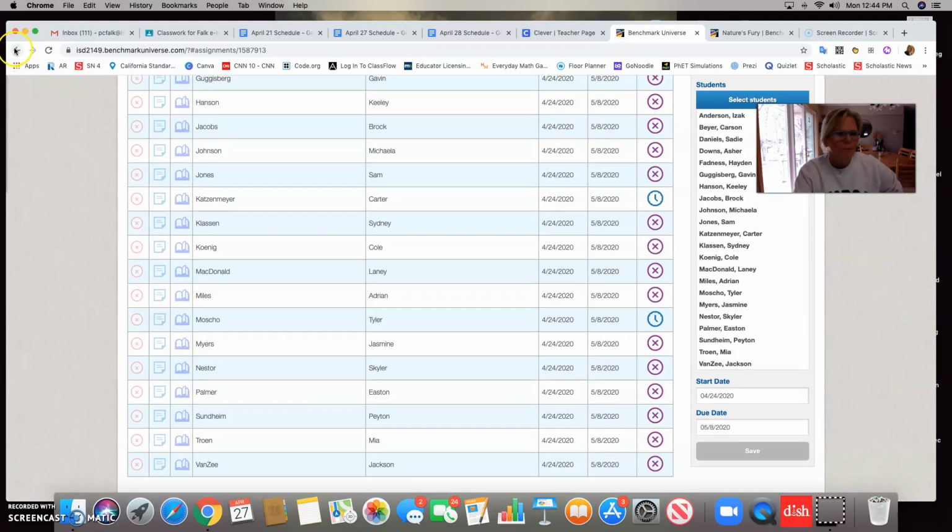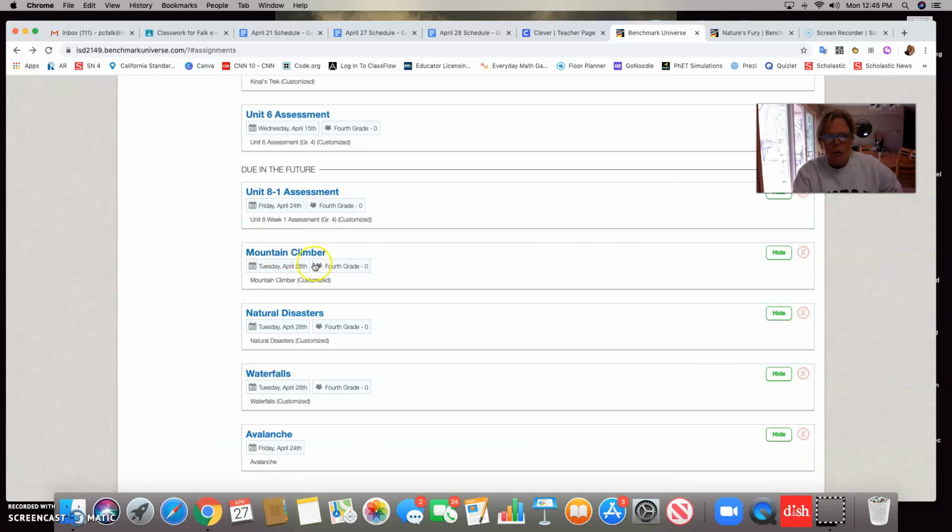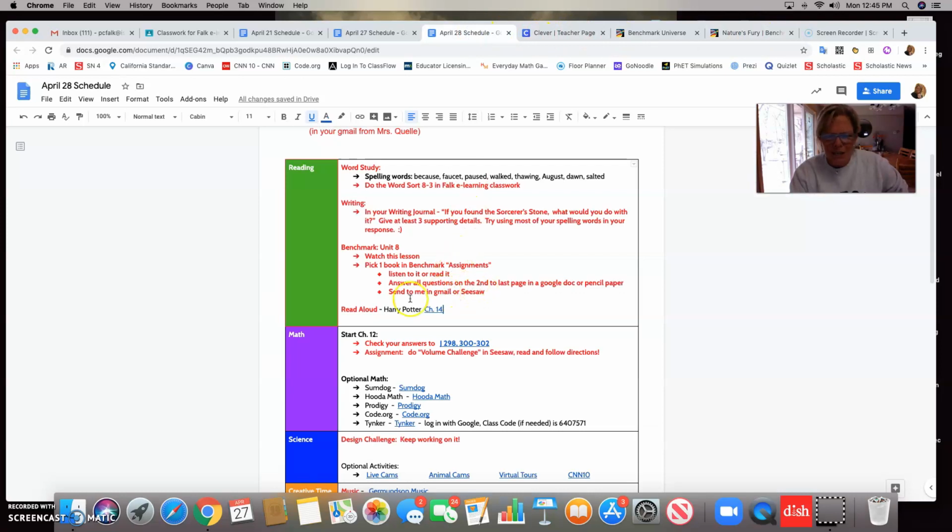Sorry, my view is different than yours. When you open that up, you can choose at the top to have it read aloud, or you can just read it on your own. Okay, and then in the back of each book, on the second to the last page, there are questions I'd like you to answer. So answer all the questions on the second to the last page of each book, and you can do it in a Google Doc.